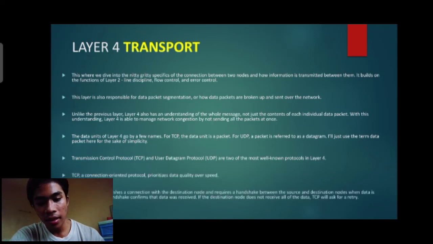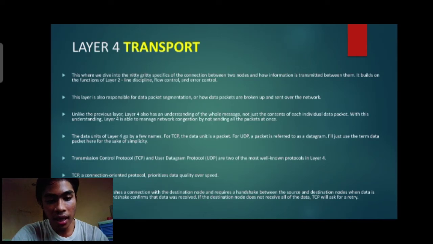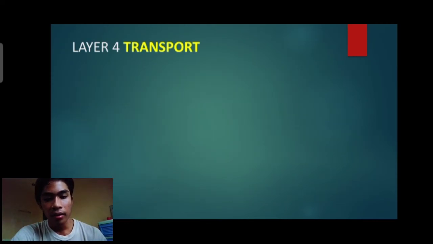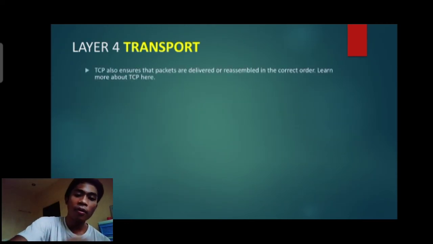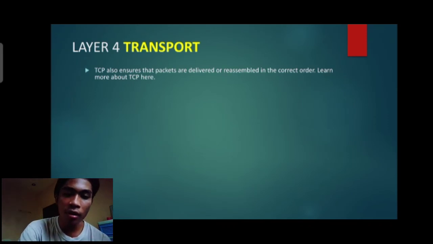TCP, a connection-oriented protocol, prioritizes data quality over speed. They don't care whether it's fast or slow; all they care about is the quality of the data. TCP also ensures that packets are delivered or reassembled in the correct order.